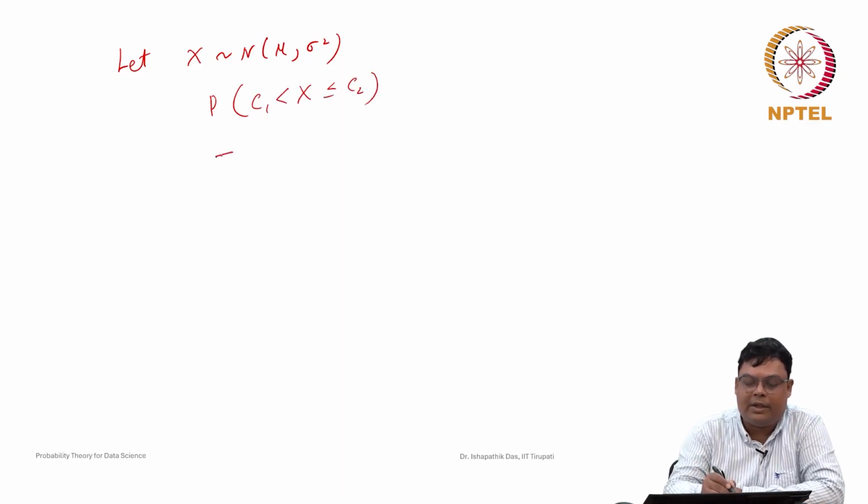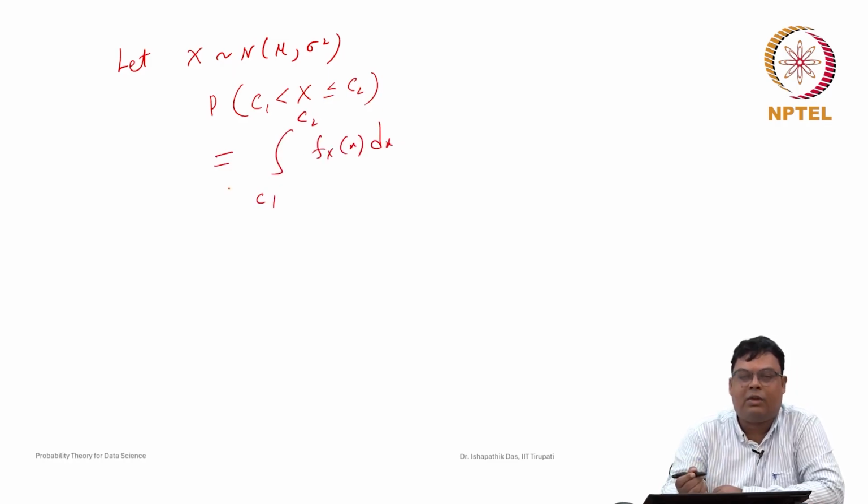This probability will be nothing but the integration from c1 to c2 of f x dx. Here c1 and c2 can be anything, like minus infinity or real numbers.